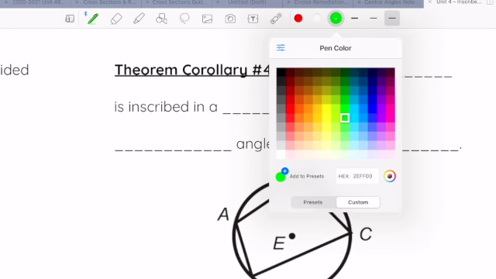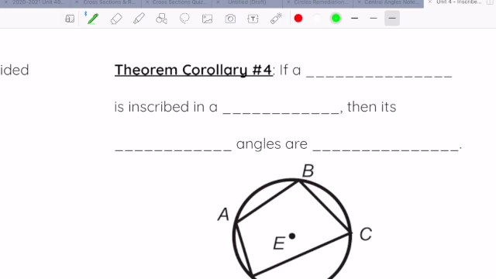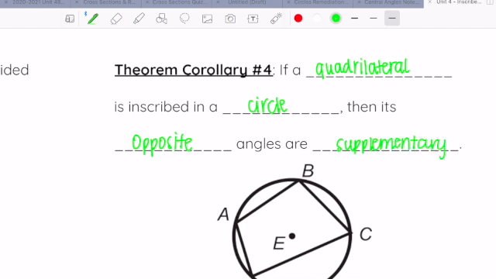The theorem says that if a quadrilateral is inscribed in a circle, then its opposite angles are supplementary. Okay, and let me outline opposite angles.